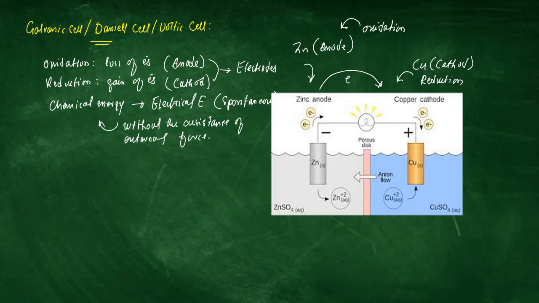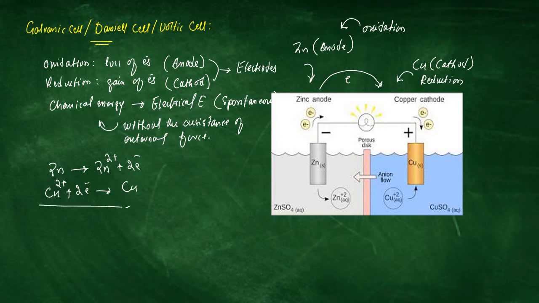Here we can mathematically represent the equation: zinc as an anode oxidizes, giving Zn2+. It loses 2 electrons, and these 2 electrons are gained by Cu2+, reducing it to metallic copper.